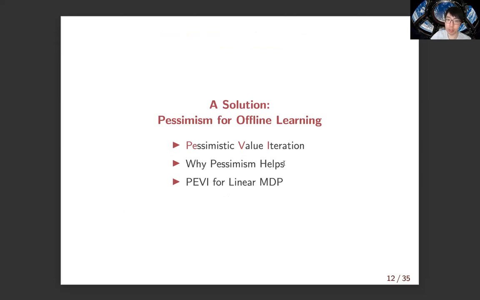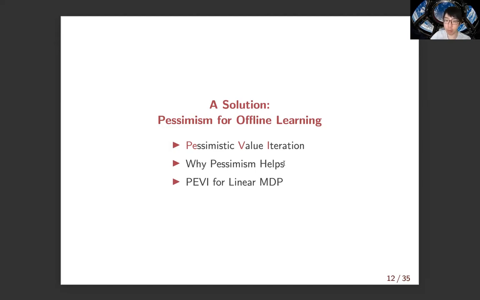So a solution is called the pessimistic value iteration algorithm, where we are trying to incorporate uncertainty quantification into the value iteration algorithm. It is very different from exploration in the sense that now we're subtracting the uncertainty just to be robust. And then we'll briefly introduce why pessimism helps from a theoretical perspective.